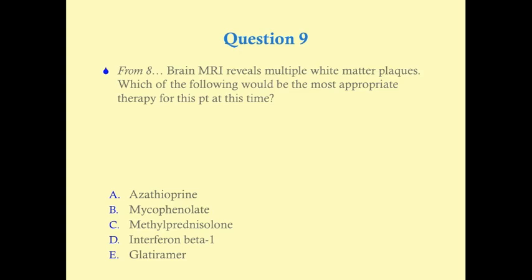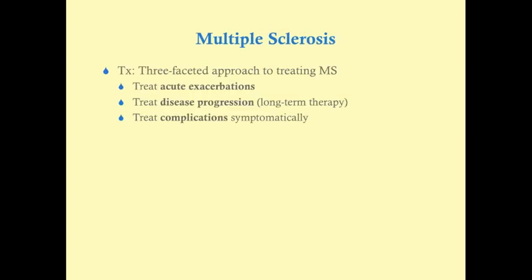So there are 3 parts of treating multiple sclerosis. 1, we have to treat the acute exacerbations, these acute weaknesses that are affecting your daily life. So that would be what this patient has right now. 2, we have to treat the disease progression. So when the patient isn't having any acute exacerbations, we do need to have them on therapy to slow the progression, because this is a disease that's progressive and ultimately leads to really severe problems.